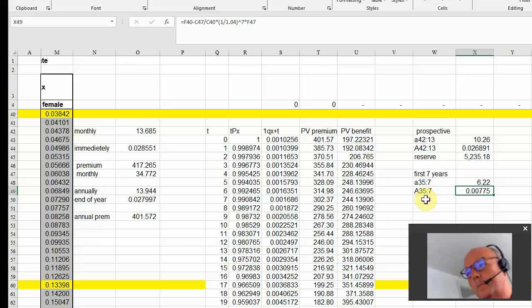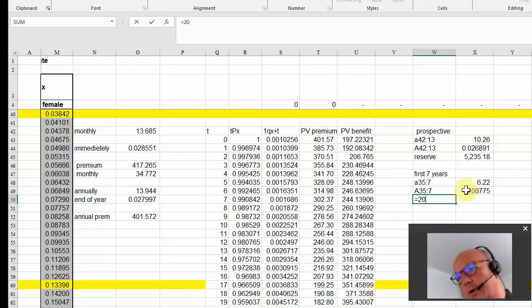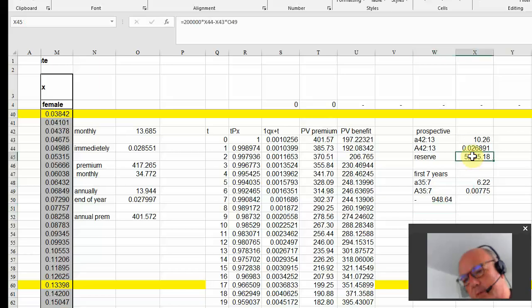Okay. So let's look at that as the present value. So we've got 200,000 times the assurance minus the pure premium, which is that one. I'm just doing it annually, times that. Just check that.